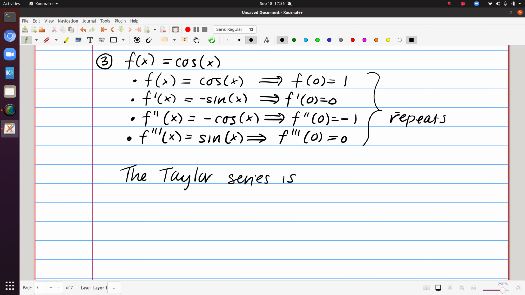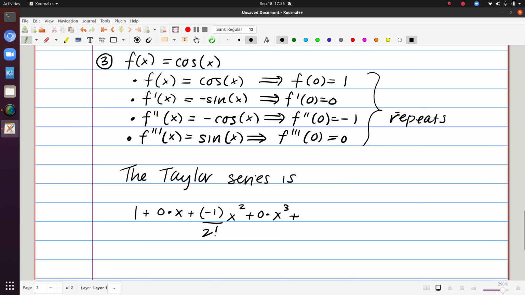So if we think about the way the Taylor series is represented, again, I want to write it in sigma notation, but maybe to help me get there, I'm going to think about my formula. So f of 0 represents the constant term. Then we would have plus 0 times x plus -1 over 2 factorial times x squared plus 0 times x cubed.